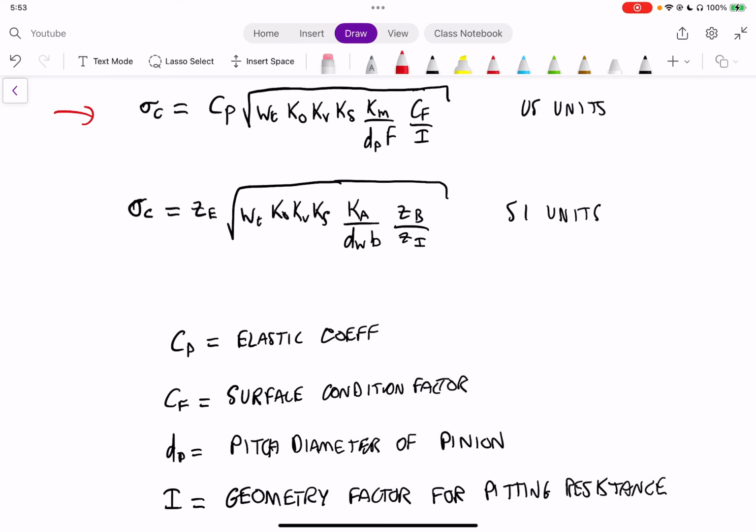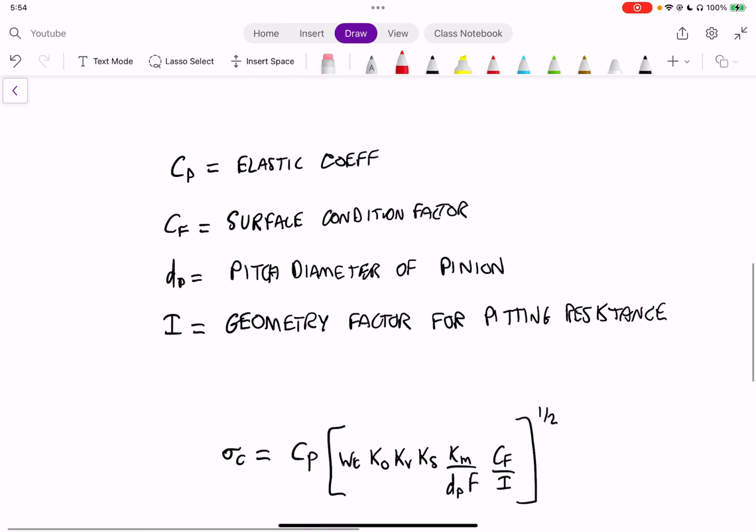We've already seen what CP is, and we know that CP is available in our formula sheet. Then CF is a surface condition factor. And I is a geometry factor for pitting resistance. So it's not the same thing as J, it's a different term, but we'll have to find I.